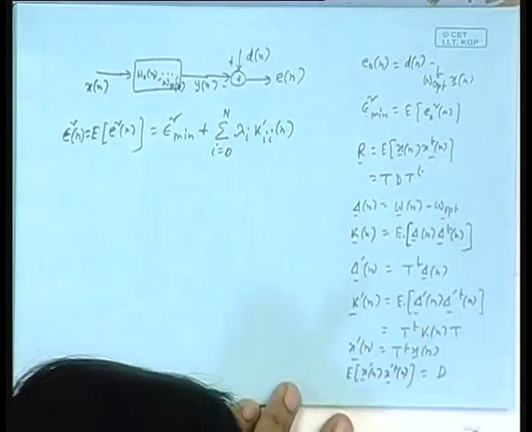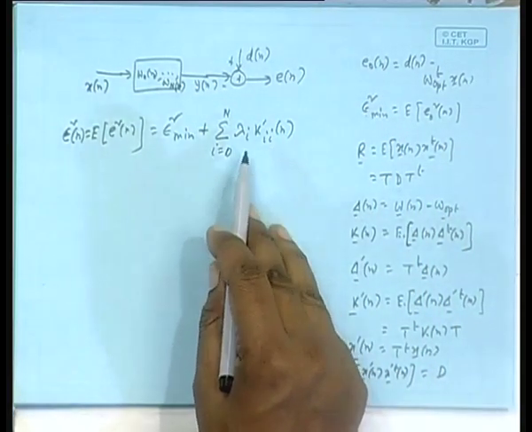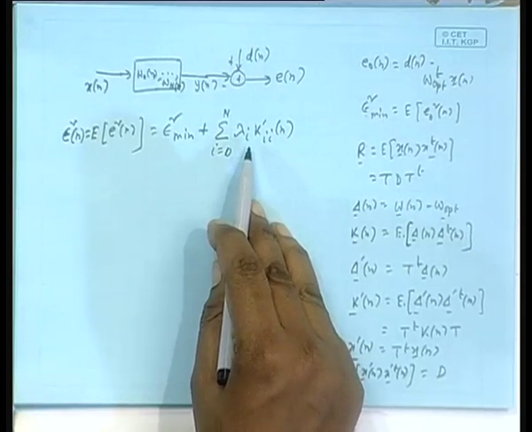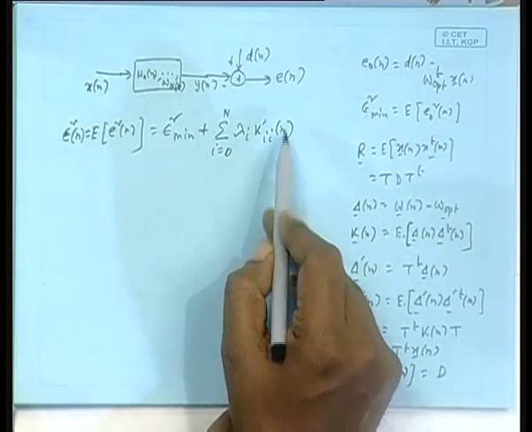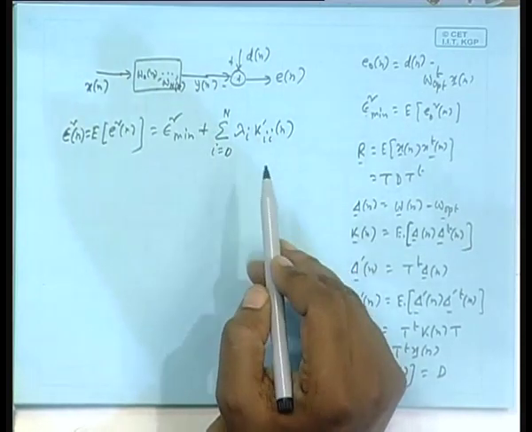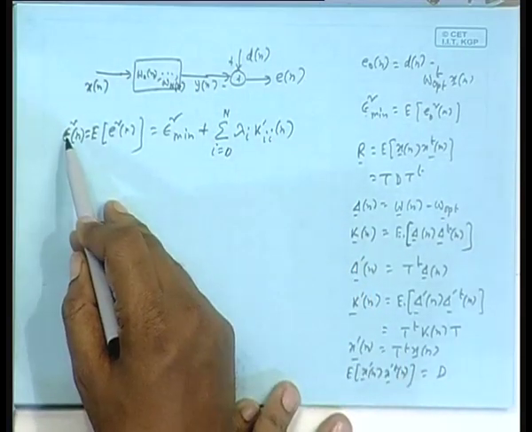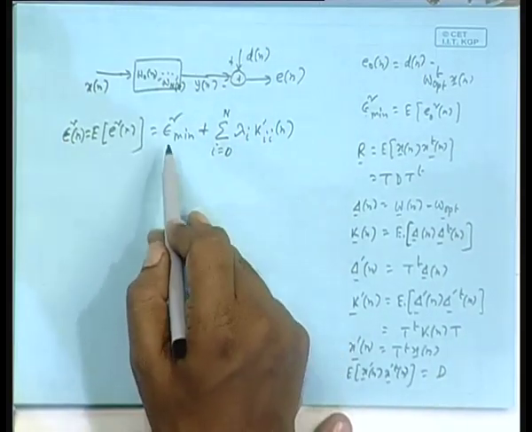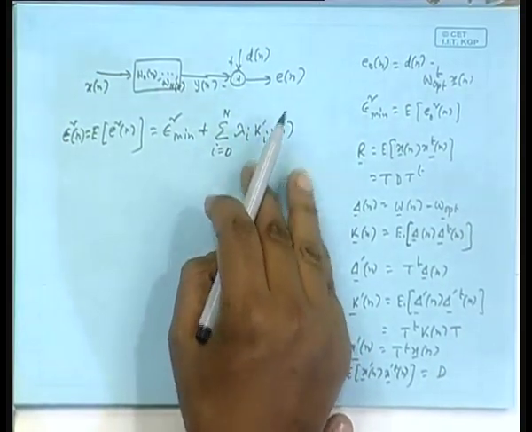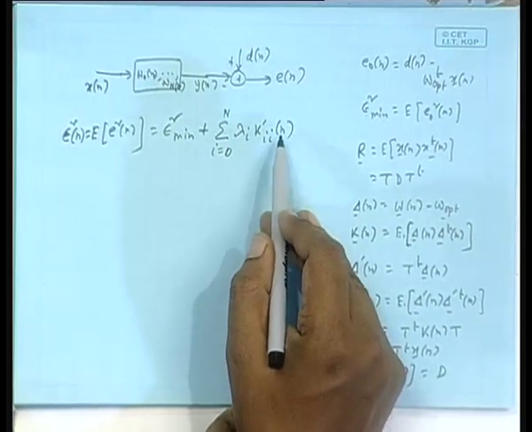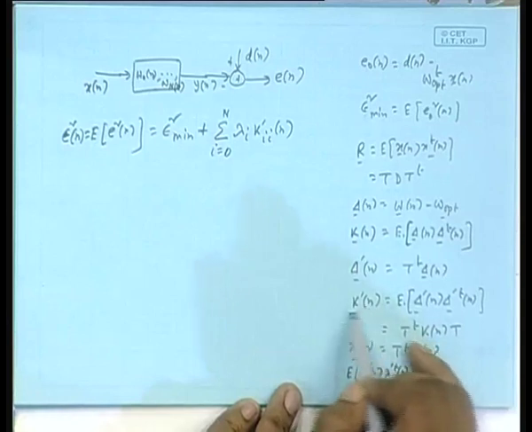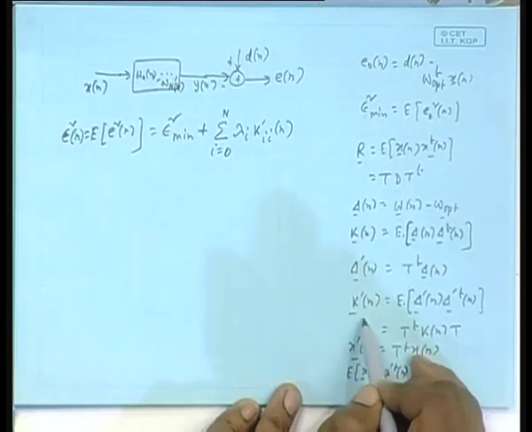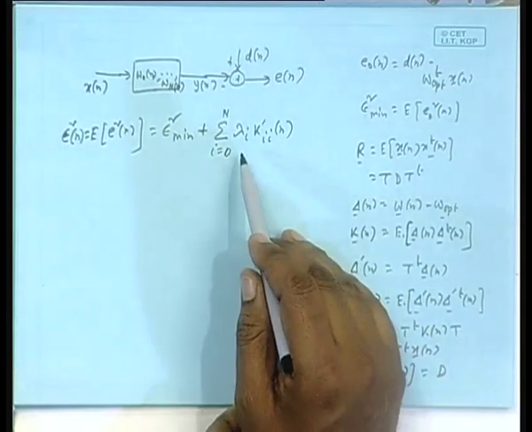Okay. And this k i prime n comes here along with the ith eigenvalue. So, obviously, at any nth index, the net mean square value of the error is not epsilon square mean but something more, which is this, and k i prime n is the ith diagonal entry of this transformed covariance matrix at index n multiplied by lambda i.